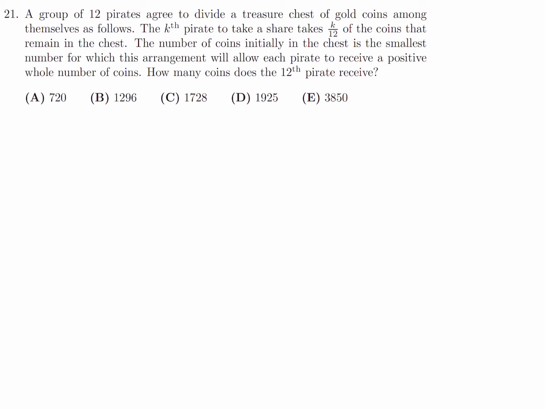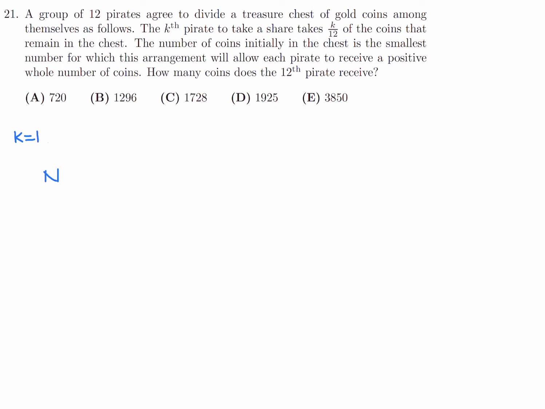Well, let's make a little bit of a table, but hopefully we don't have to go too far to see a pattern. The first pirate comes along and he's going to take 1 over 12 since k is 1. Let's say N is the total number of coins.